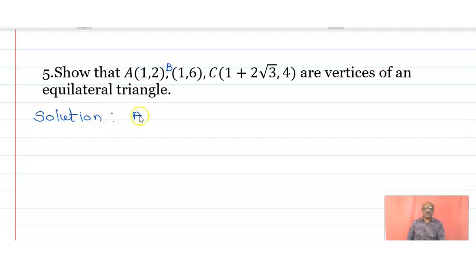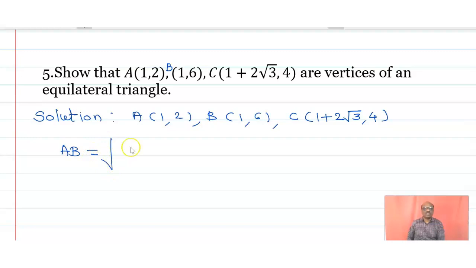The points we will write here once again: A (1, 2), B (1, 6), C (1 plus 2 root 3, 4). Okay, now we'll first of all find out AB.